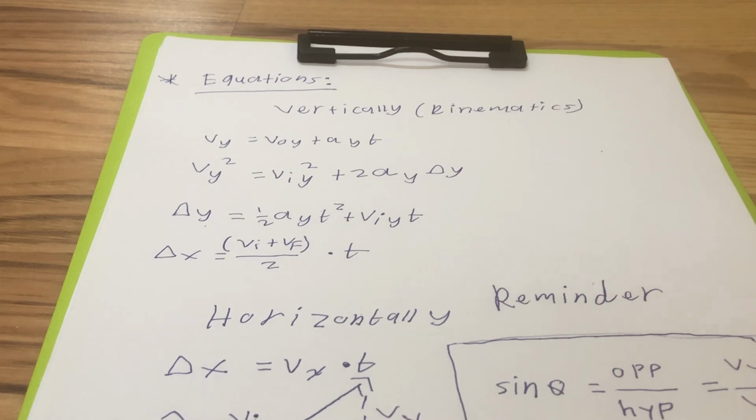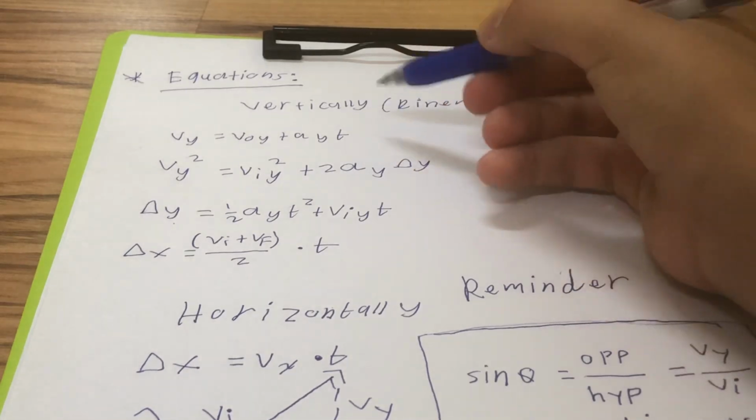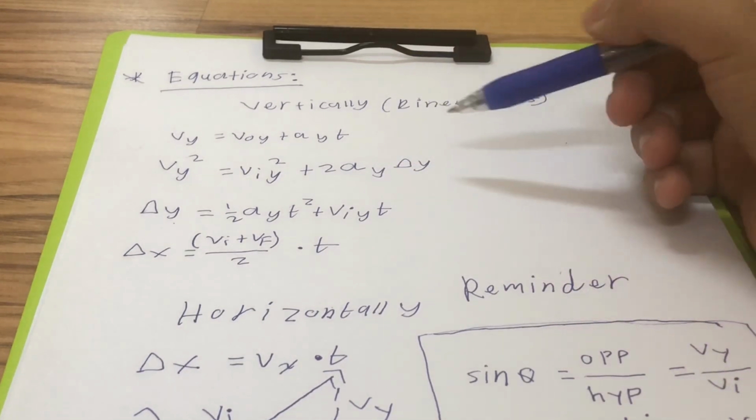So Vy, the final velocity at the y-axis, is equal to the V initial plus the acceleration, we need to put y, ay multiplied by the time. Just the time, we don't put a small y sign on the time.